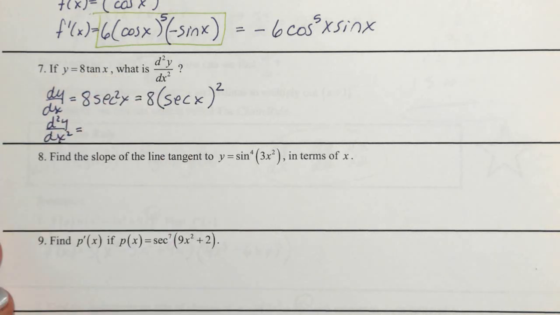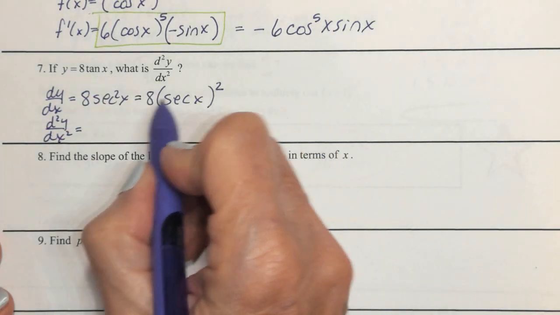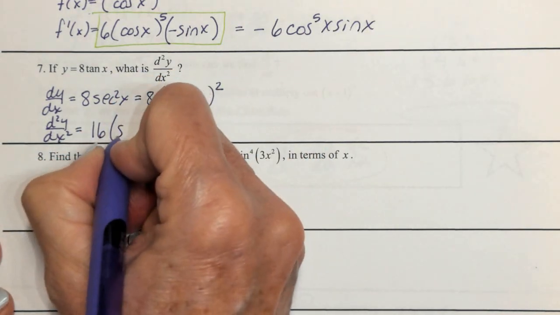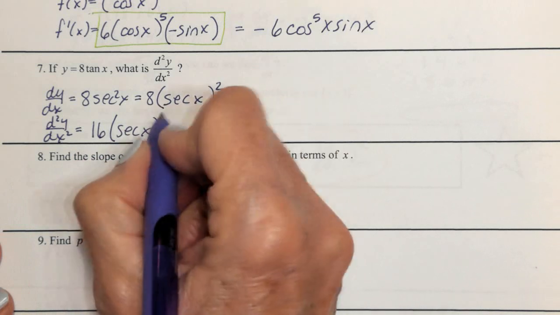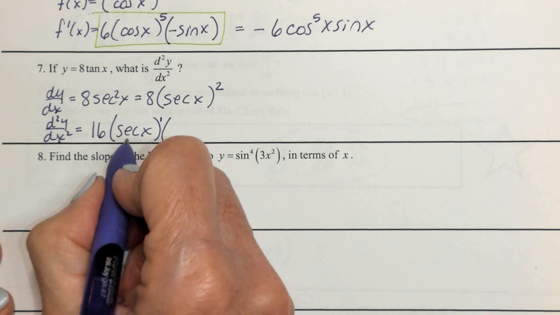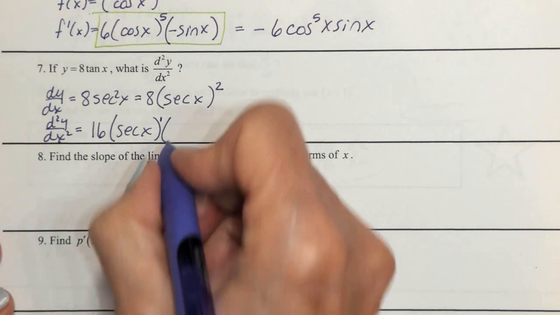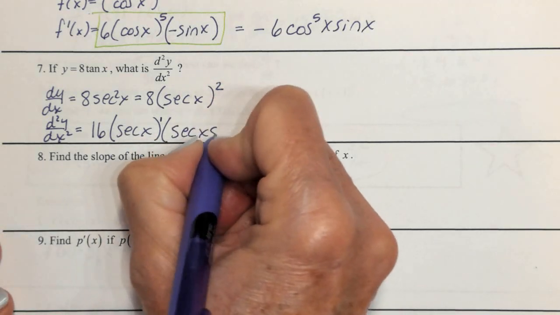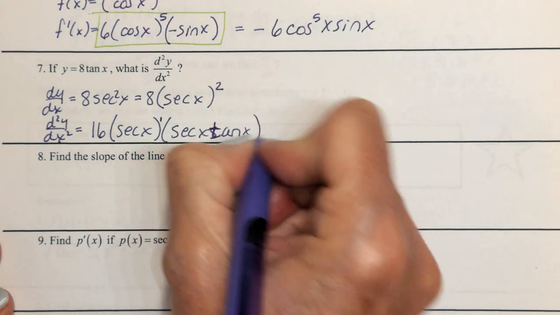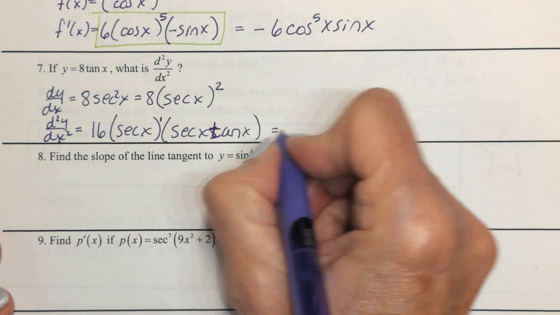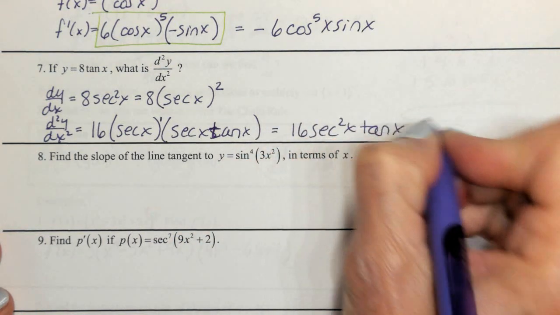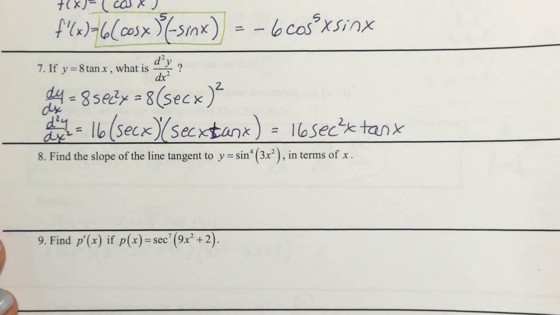Now for the second derivative. 2 times the 8. Keep your secant x, decrease your power by 1, and then multiply by the derivative of the inside. The derivative of secant is secant x tangent x. So as a multiple choice answer, they would write this as 16 secant squared x tangent x.